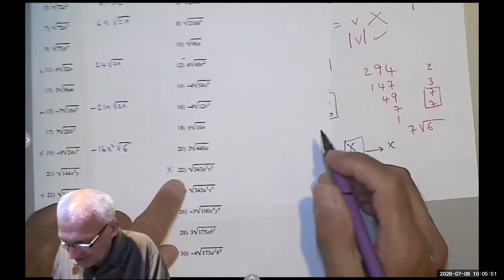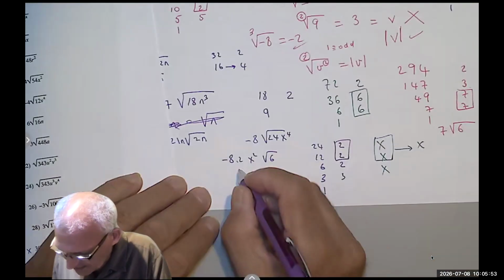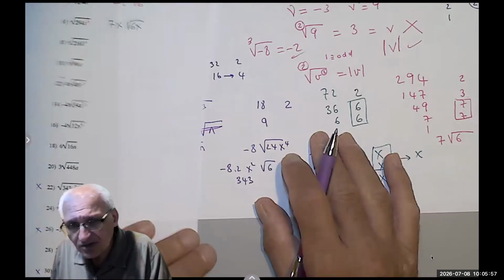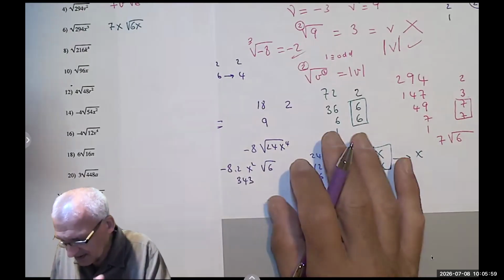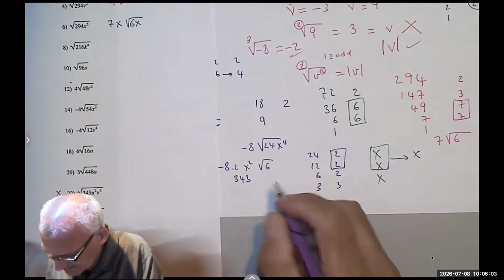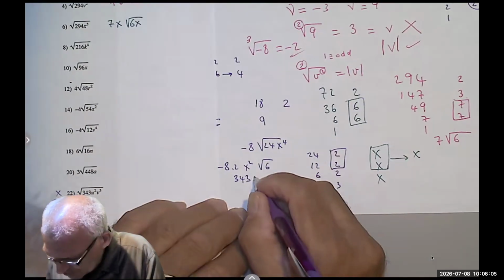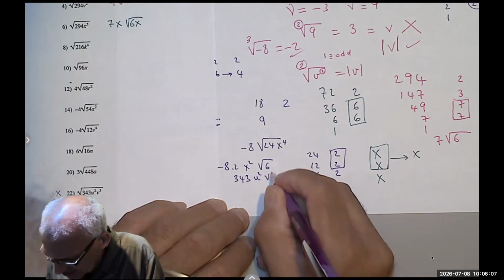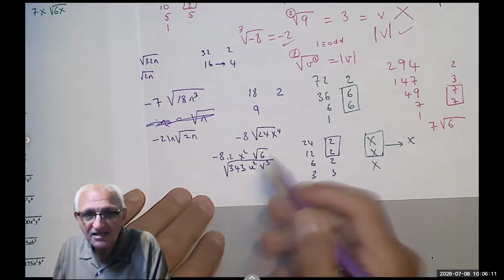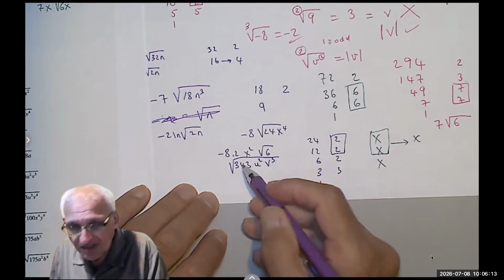Go to number 22. 343, which is 7 cubed, by the way. You should learn your cubes until 10, for example, or 12, whatever. u squared v cubed. If you keep dividing by 7, you will get 49 times 7.